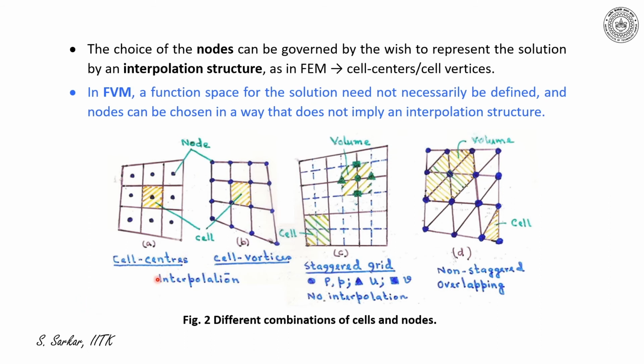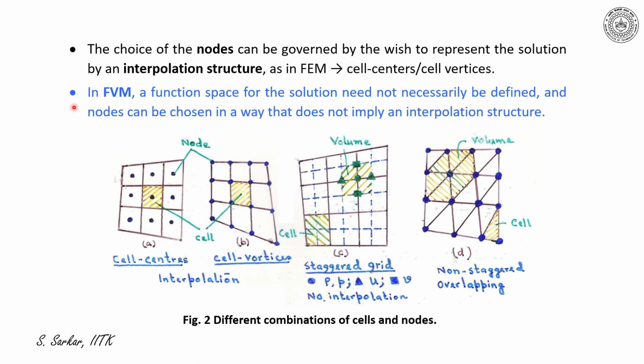That's why I would like to repeat here that in both the cases, that is cell center and cell vertices, we need an interpolation function to evaluate the fluxes at the wall of the cell. However, we can define our node and cell in such a way that such an interpolation function may not be needed.